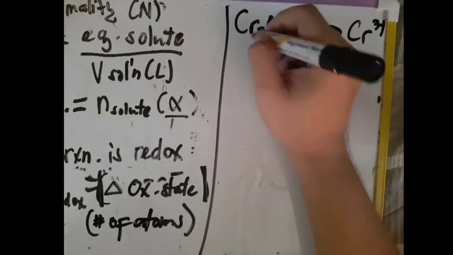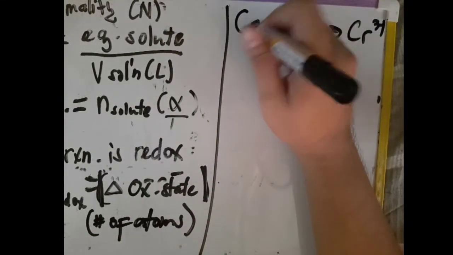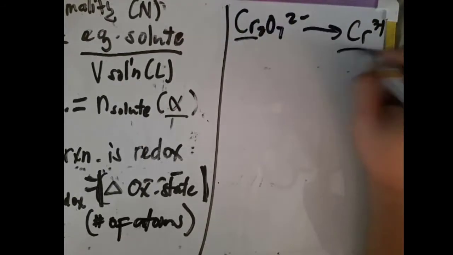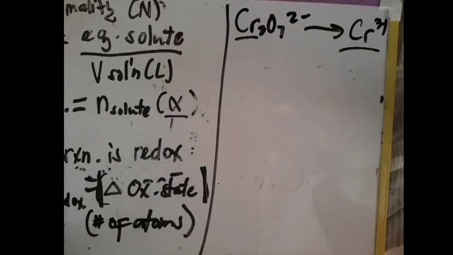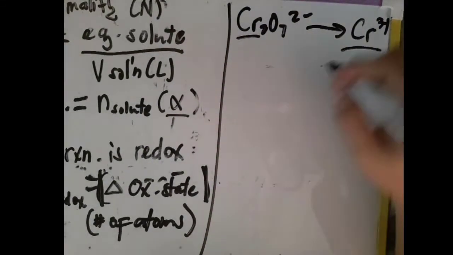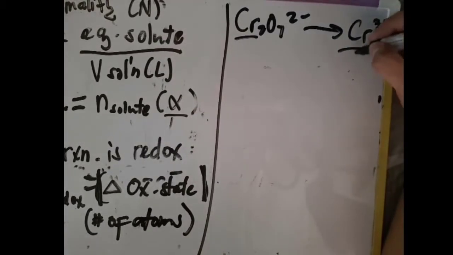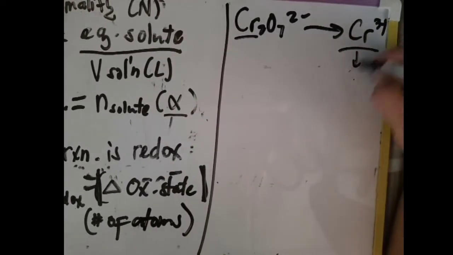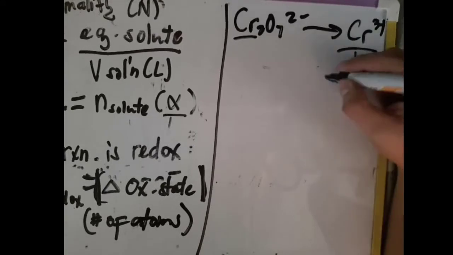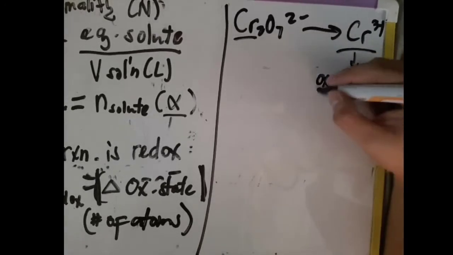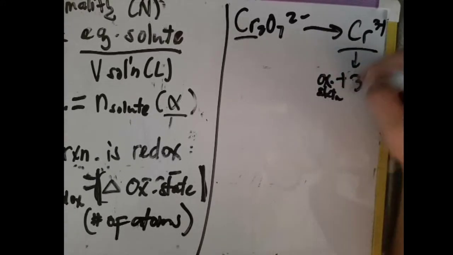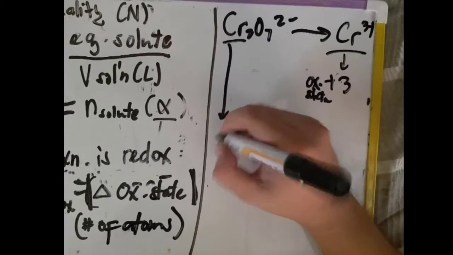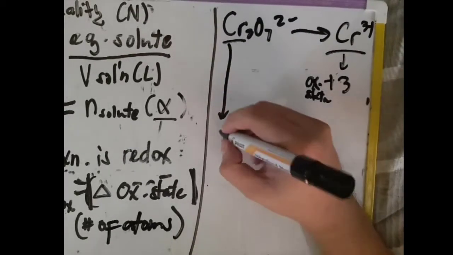We just need to know the oxidation state of chromium before the change and after the change. The chromium here is pretty straightforward. This is positive 3, its oxidation state. Now, for the chromium in dichromate, we need to work it out.